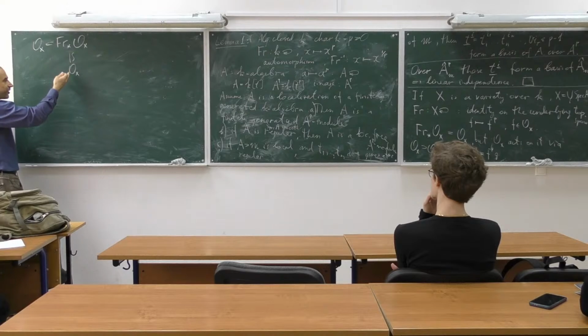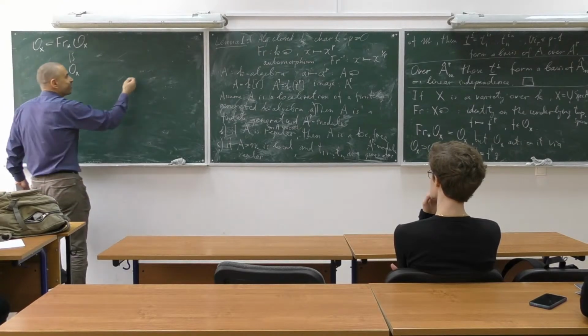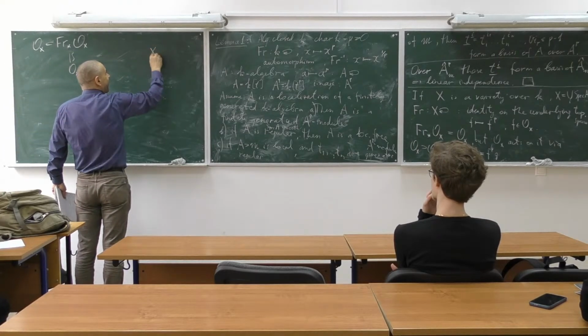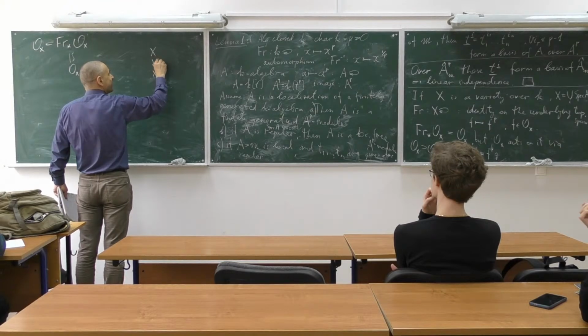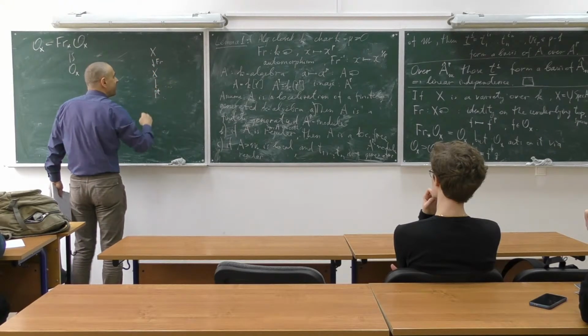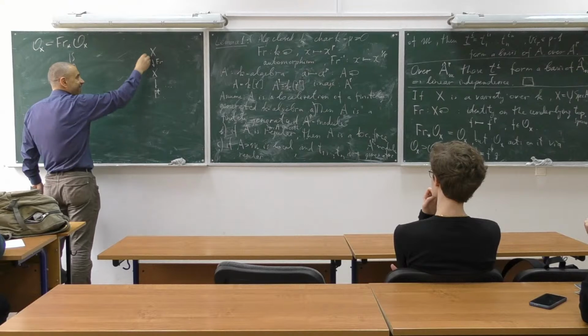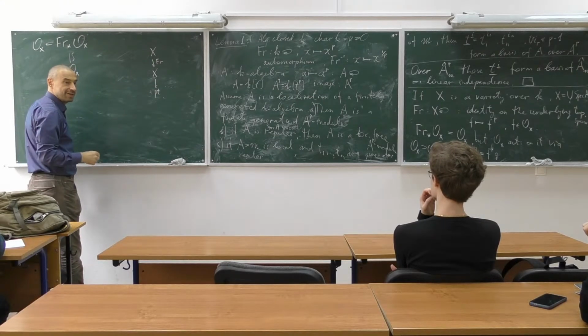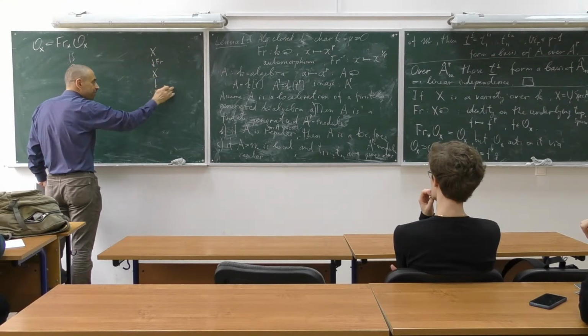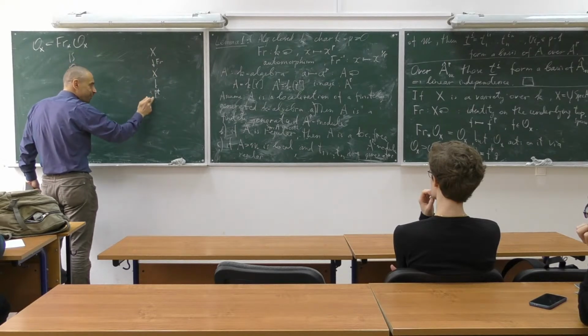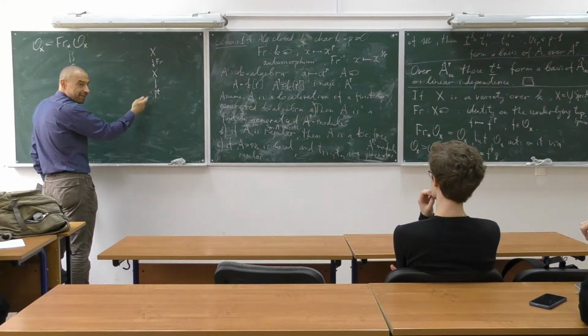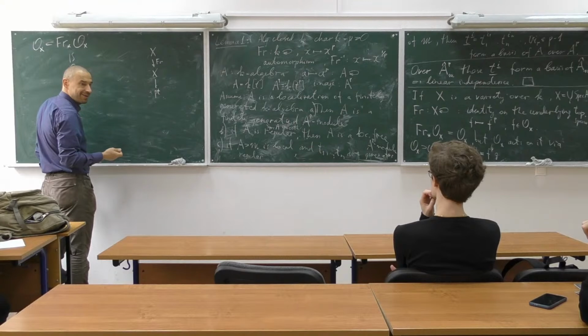The global sections of any push forward. So we have X goes to X by Frobenius goes to the point, and the composition is just the global sections. So if I take this push forward and then global sections, it's just as if I took global sections from the very beginning, and then those are just regular functions, right?